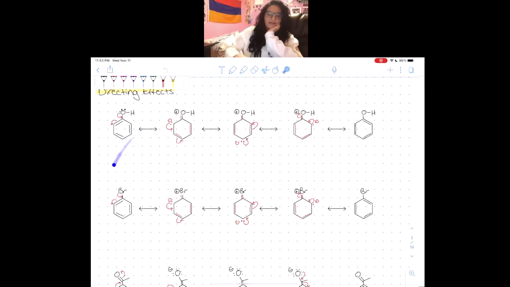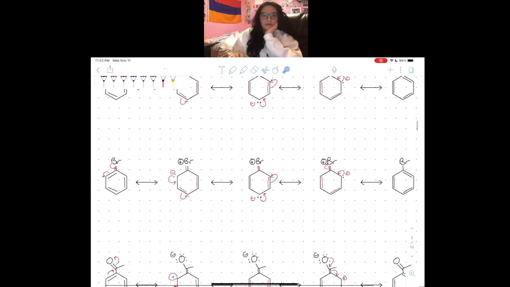Now we are going to do some resonance questions, and I want you guys to reference this page that we did in SI and during the review session. It basically goes through all the resonance structures for our activators and deactivators, and I just want to focus on this middle one really quick. When we have bromine as a substituent on our ring, it's going to donate electrons into the ring, which causes the resonance to go around the ring as drawn here.